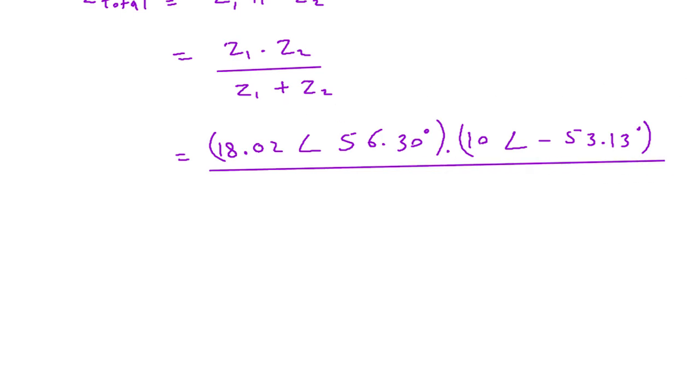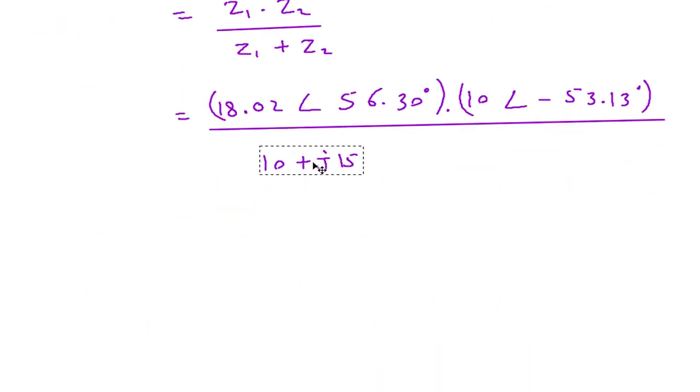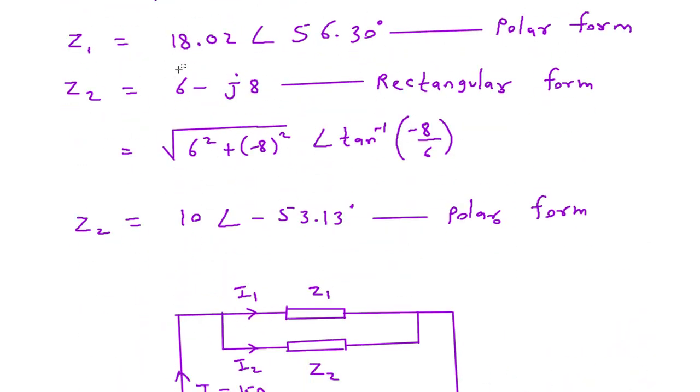So for addition, we will take the rectangular form of Z1, so it is 10 plus j15. And then we will add this with rectangular form of Z2, so it is 6 minus j8.